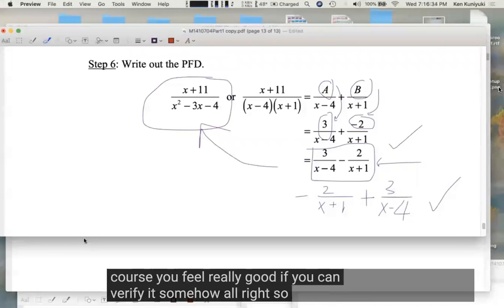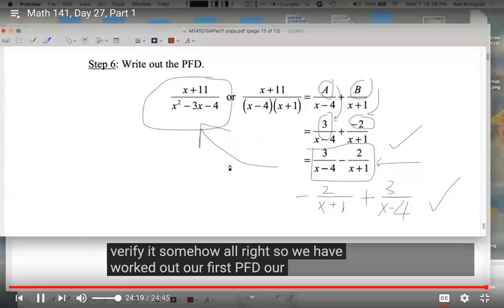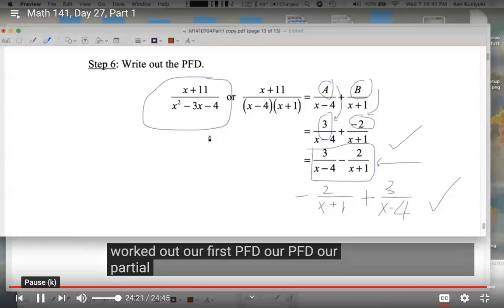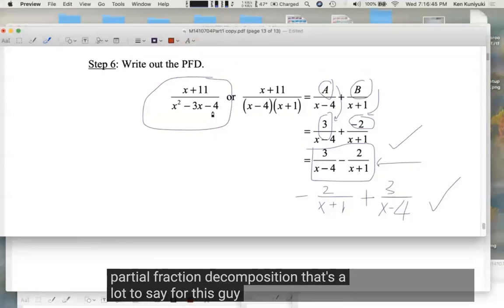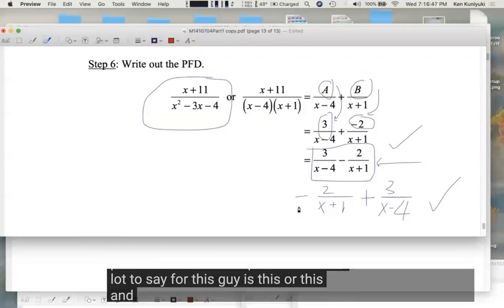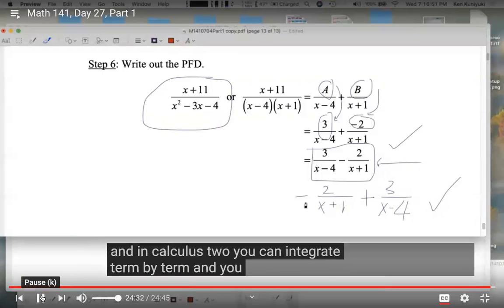All right. So we have worked out our first PFD. Our PFD, our partial fraction decomposition, that's a lot to say, for this guy is this or this. And in Calculus 2, you can integrate these term by term.